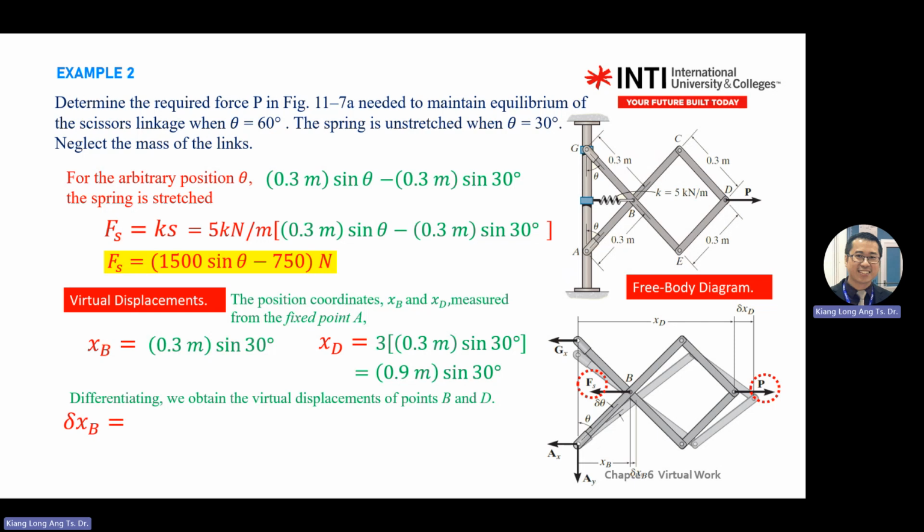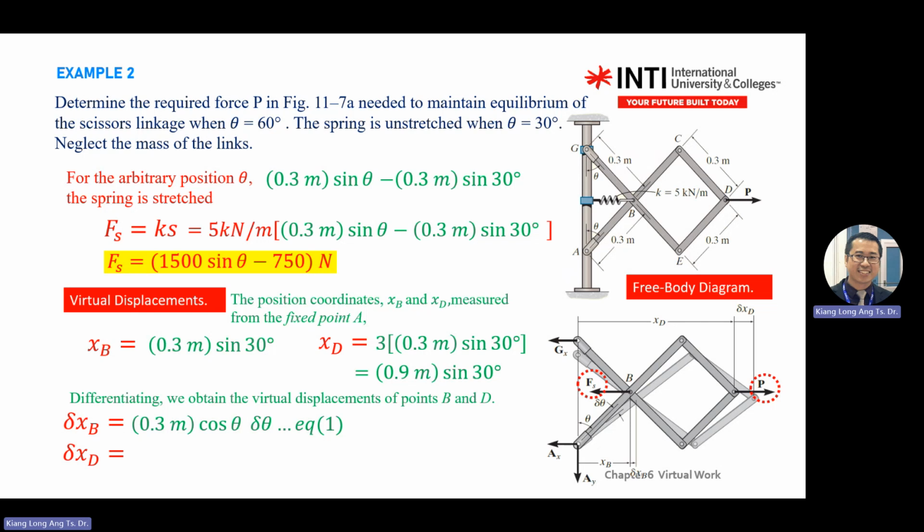Then delta xb. Delta xb needs a little bit of thinking. This delta xb is here, this very small triangle. Delta xb is 0.3 cos theta.